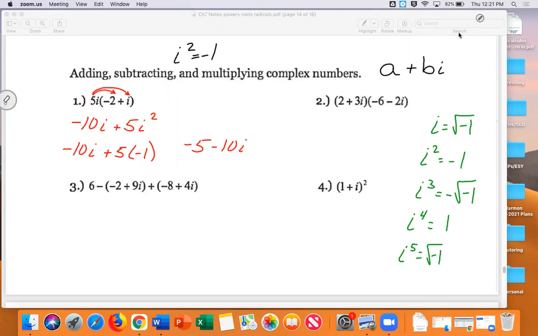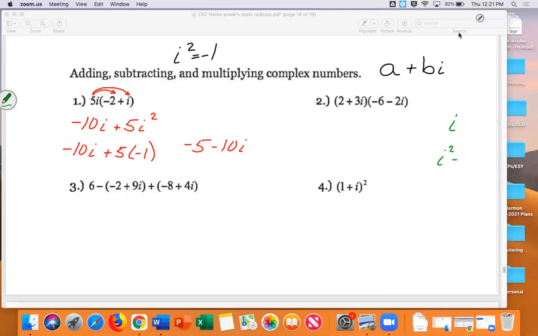I'll typically refer to these as: we have i, and i squared equals negative 1. I keep that in my back pocket. i cubed is equal to negative i, and then i to the fourth is equal to 1.